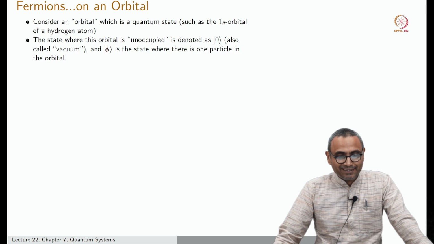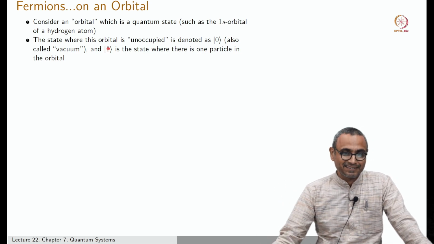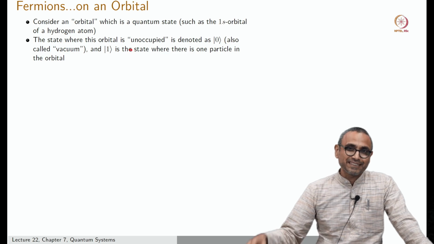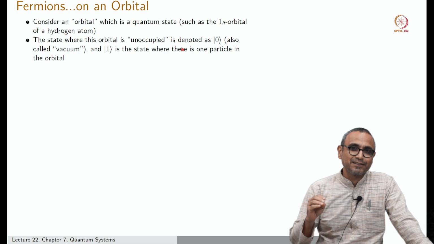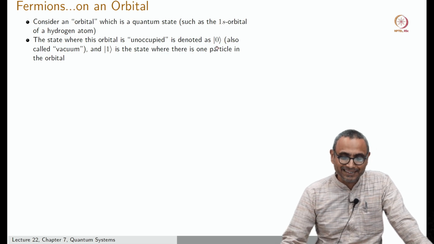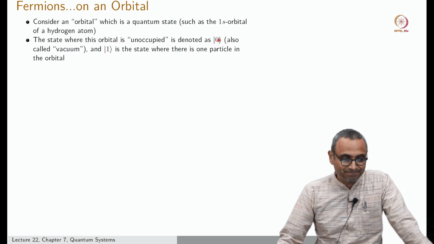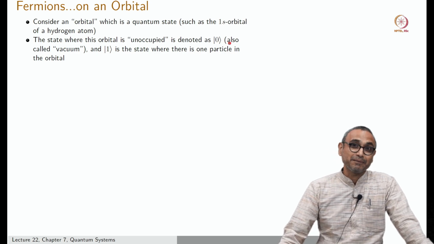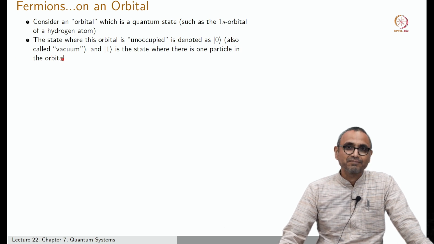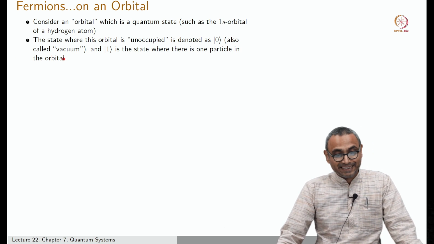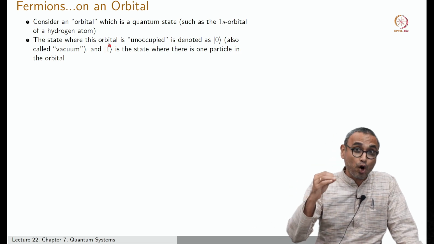So this orbital has two possible states. What is the state of the orbital? The orbital can be unoccupied. So we say that the orbital has no particle in it and denoted by a 0. This is sometimes called the fermionic vacuum. You can also have the state of the orbital where a single fermion is actually occupying that state.